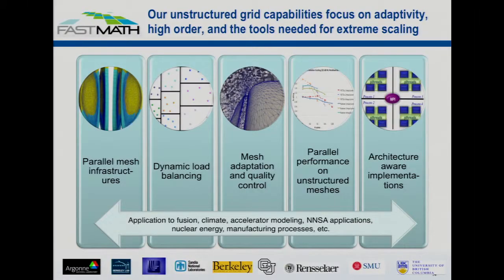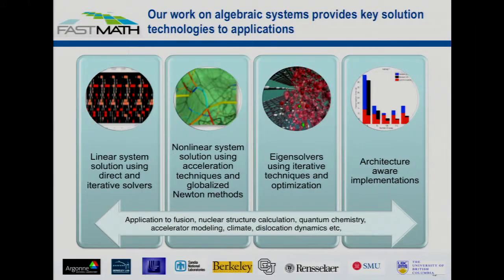How do you do that for very highly anisotropic domains? How do you make sure that they're not invalid elements? So those are the kinds of things that we're looking at from an algorithmic perspective. And then, of course, parallel performance, scaling things to very, very large numbers of processing cores are something that are front and center in our center.